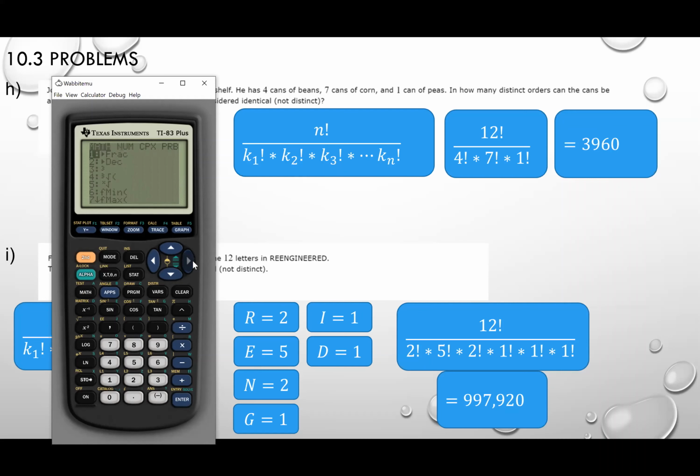And again, I don't have to do the 1, but you can see that I can do the 1 too. 1 factorial is just 1.